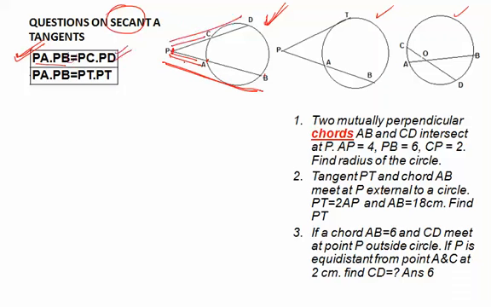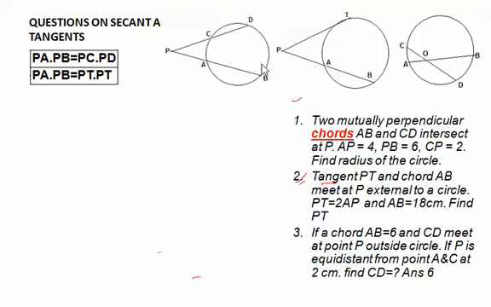This formula also works for this kind of figure: if this point is P, PA multiplied by PB equals PC multiplied by PD. In this diagram, PA multiplied by PB is equal to PT into PT, that is PT square. Remember these formulas and you can easily solve these questions.